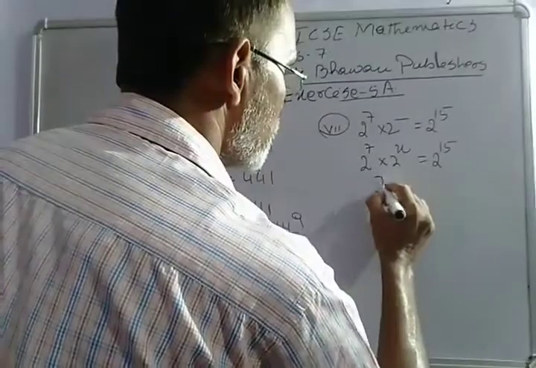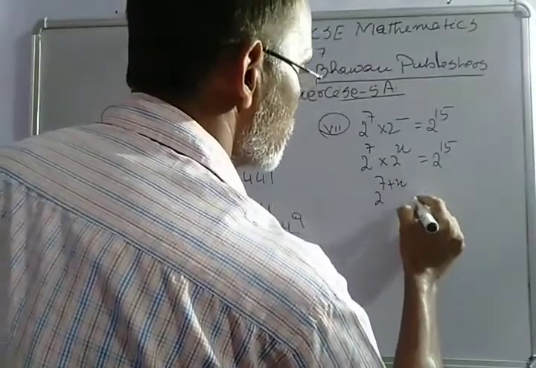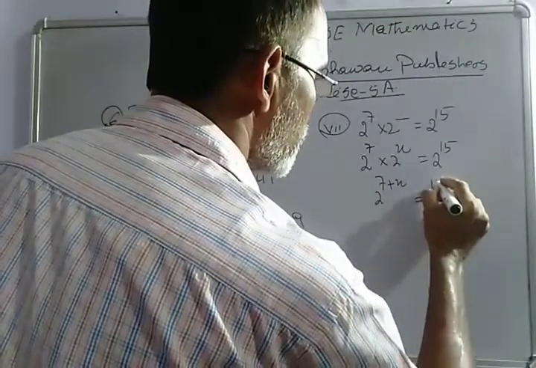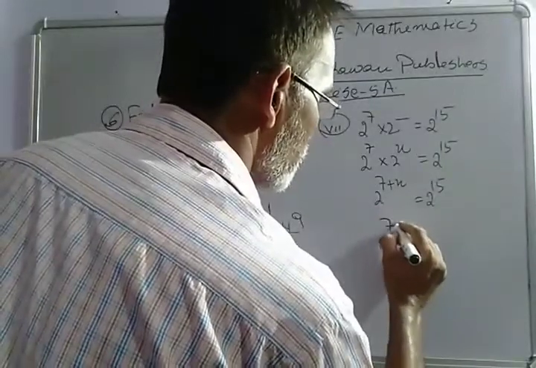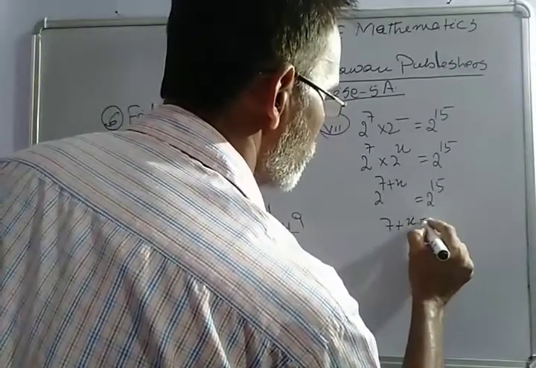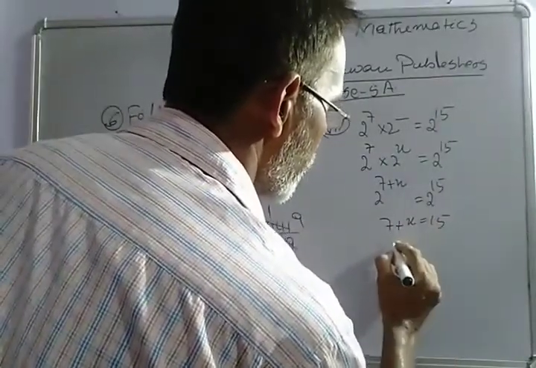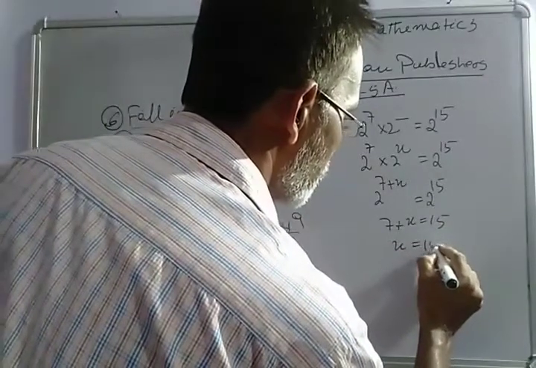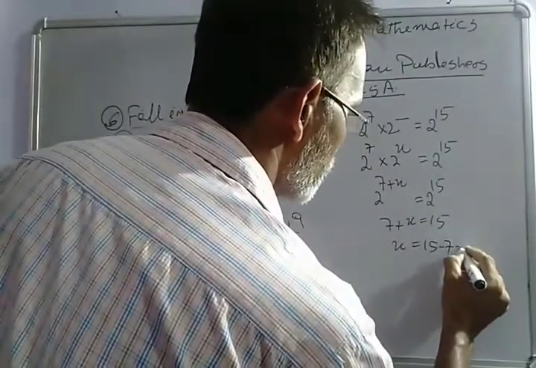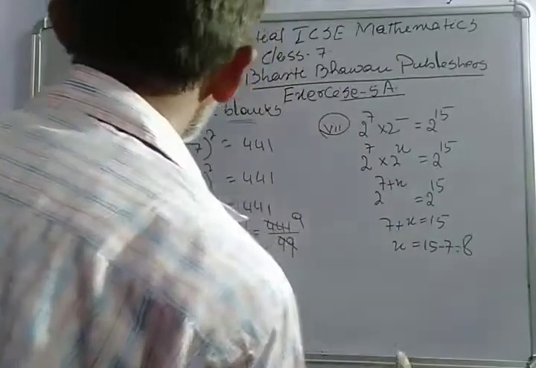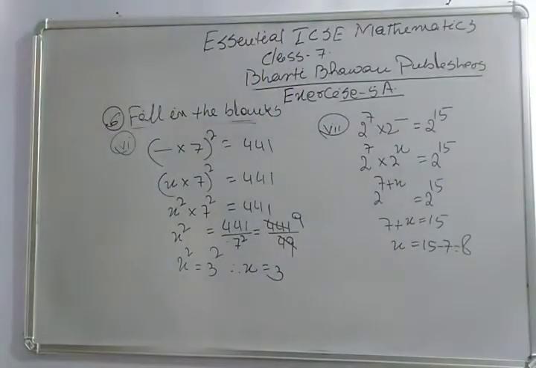So bases are equal, so powers will be added. 2 to the power 7 plus x is equal to 2 to the power 15. So 7 plus x is equal to 15. x is equal to 15 minus 7, which is equal to 8. So this is finished.